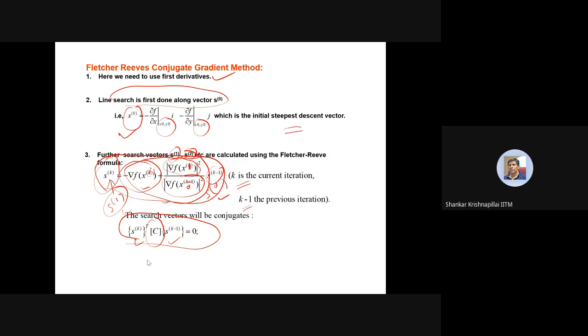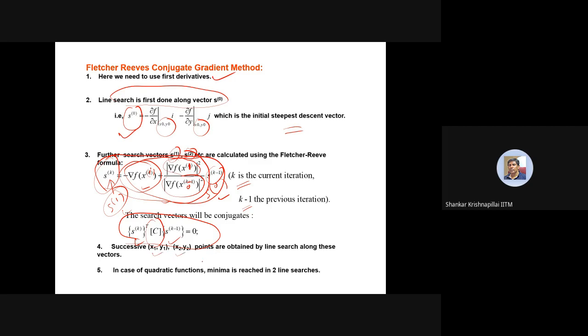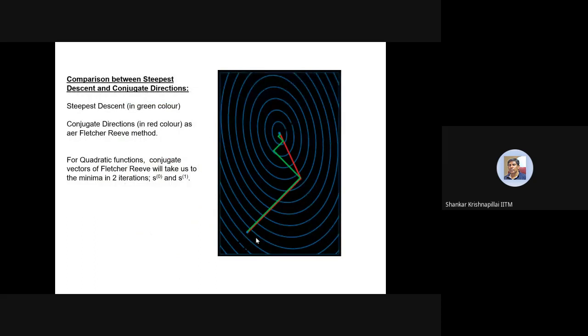Successive points x1, y1, x2 are calculated by line search. And in the case of a quadratic function, just like Powell's method, the minima is quickly reached after these two line searches. This is the comparison between steepest descent and the conjugate direction method.